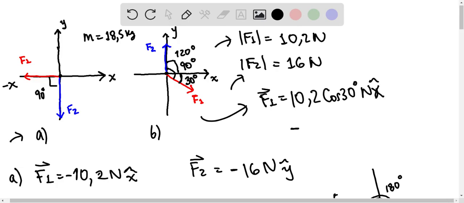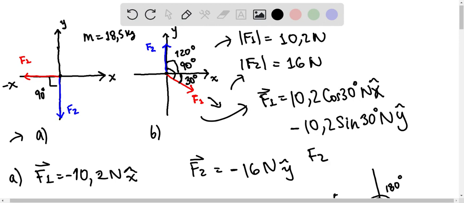The y component is minus 10.2 sine of 30 degrees newtons, negative because it is pointing to the negative y-axis. For force 2, it is easier because we only have a y component, which is positive, 16 newtons.